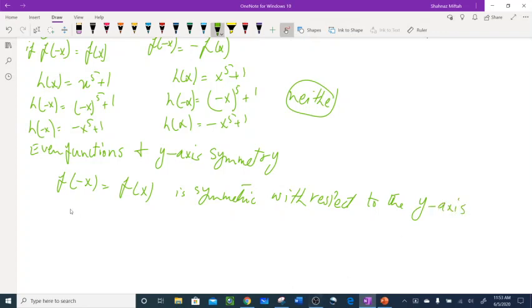So when we get an even function, it's even because when I plug in -x, I'm supposed to get the original function as it is. So it's symmetric with respect to the y-axis.